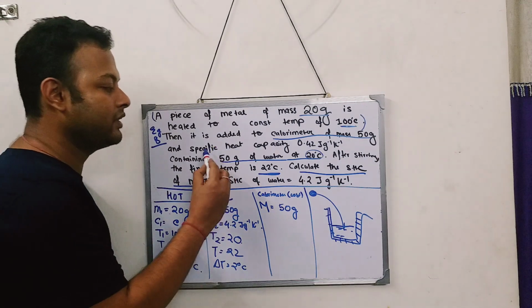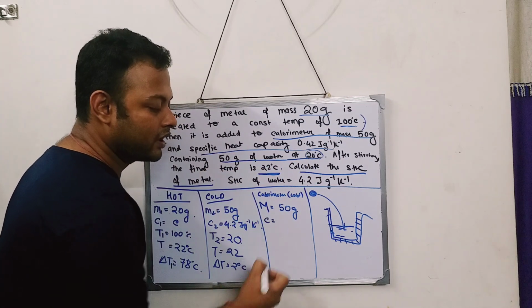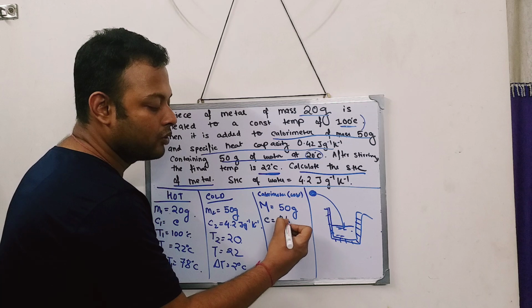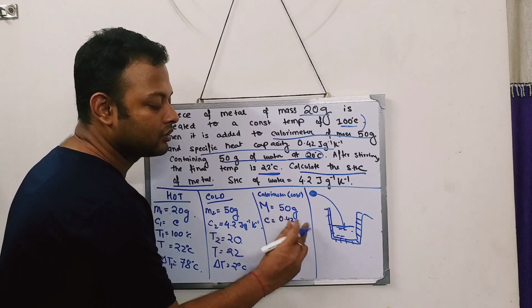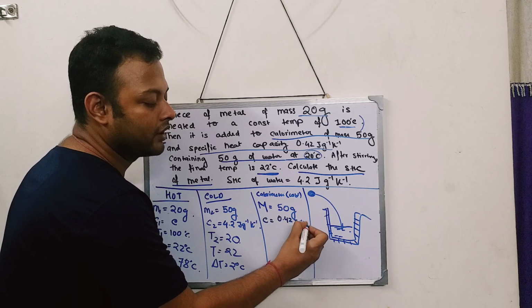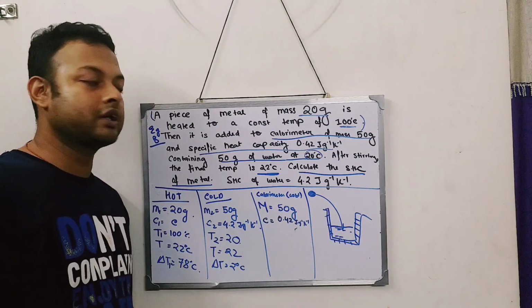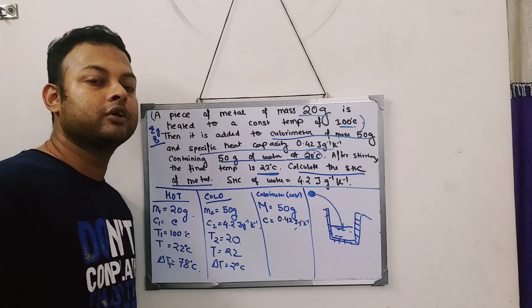Now, what is the specific heat capacity of the calorimeter? Given 0.42 joule per gram per Kelvin. And now the most important question: what is the initial temperature of the calorimeter?